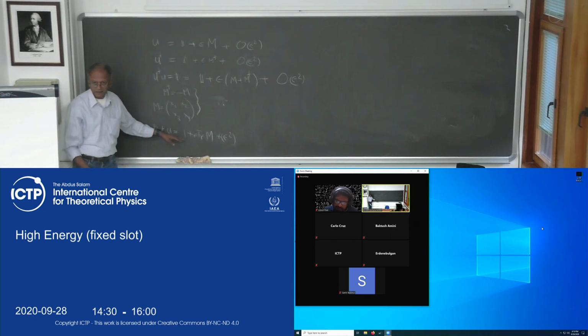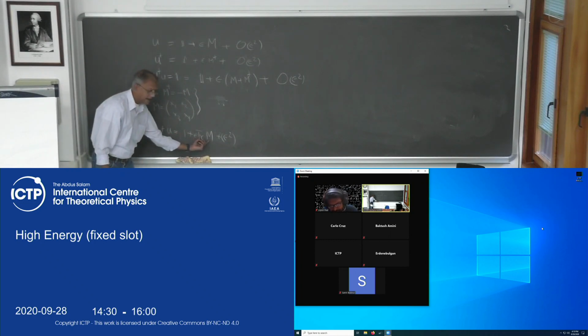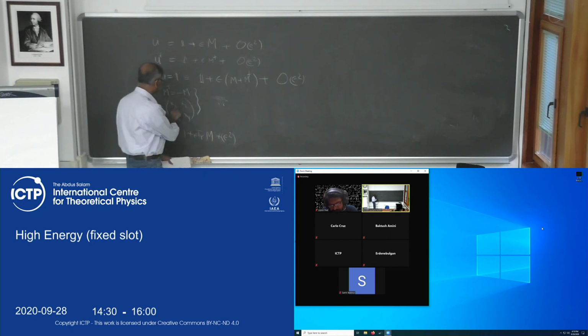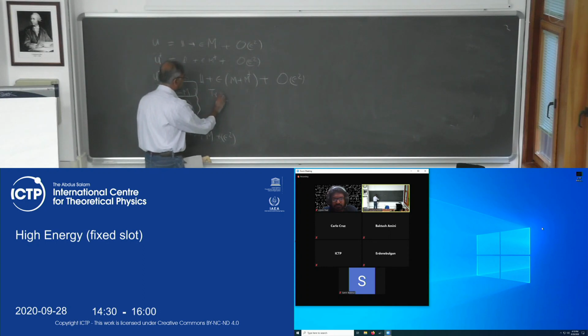This we went through last time in detail. So the determinant equal to 1 condition tells me that to the first order, trace of M must be 0. So we have this condition, that trace of M is 0. This is for SU2.